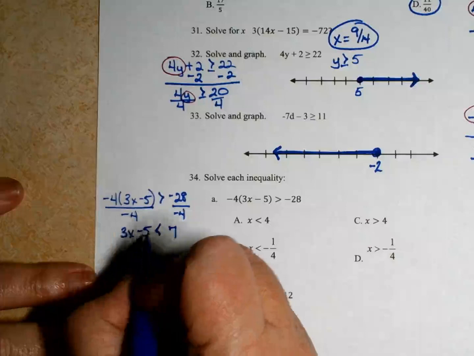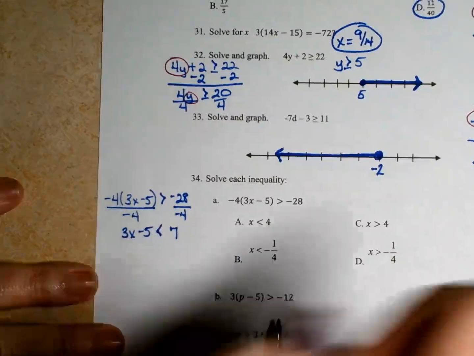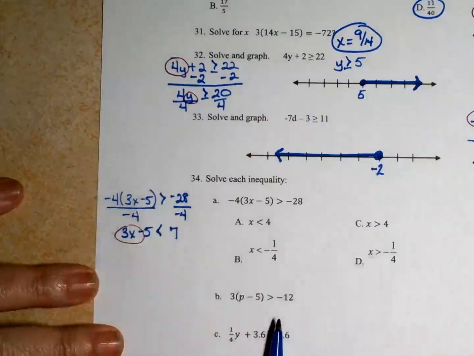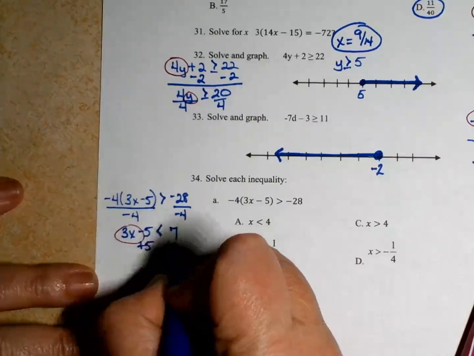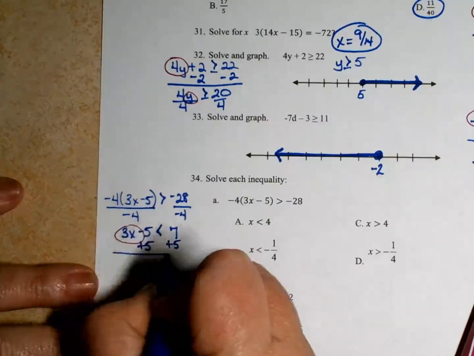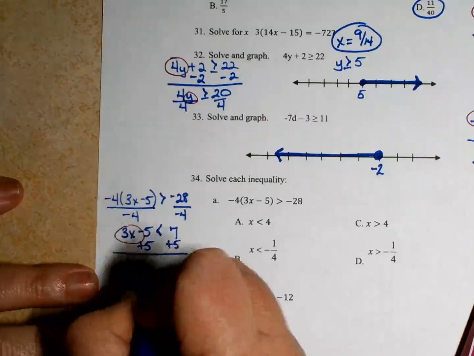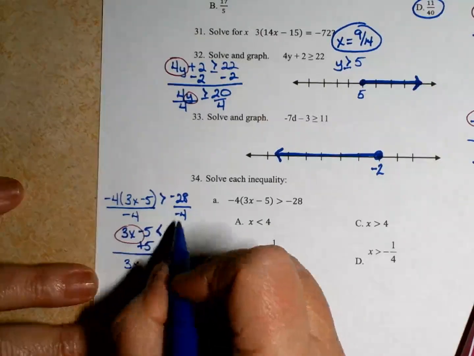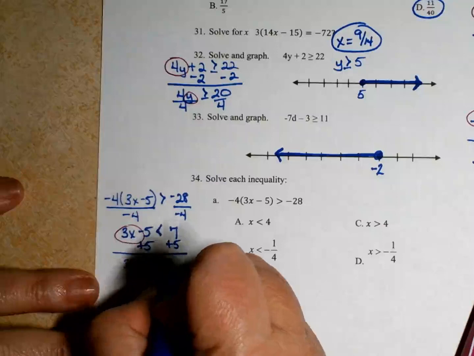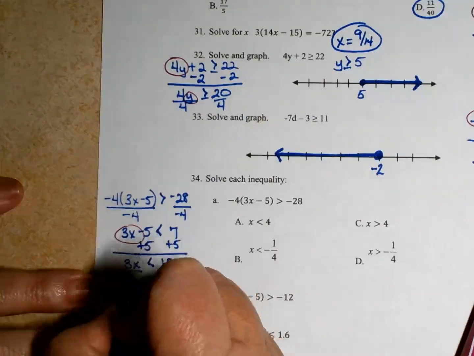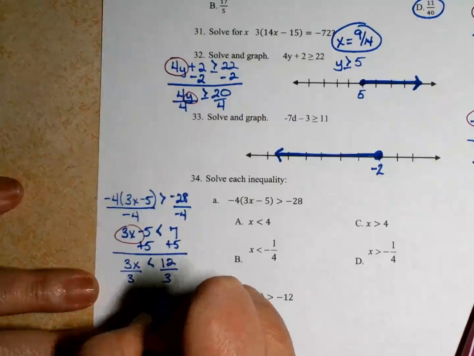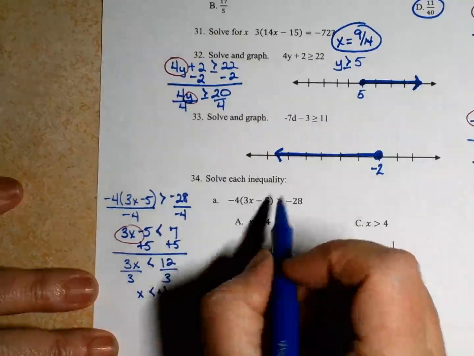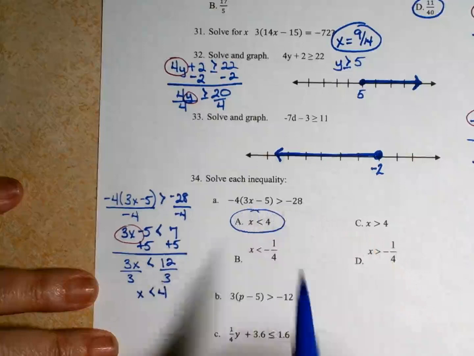So now I have to get 3x by itself, so I'm going to add 5 to both sides. And this becomes 3x is less than 7 plus 5, which is 12. Divide by 3, divide by 3, and I'm left with x is less than 4. So my answer for this one is A.